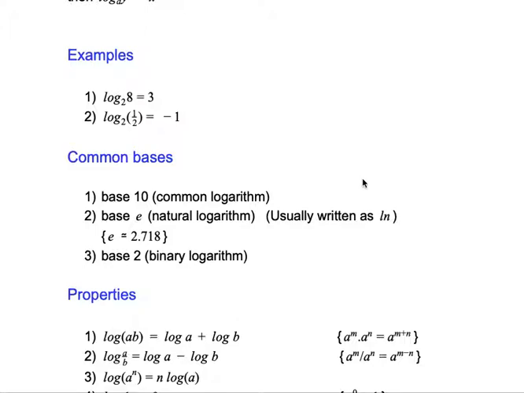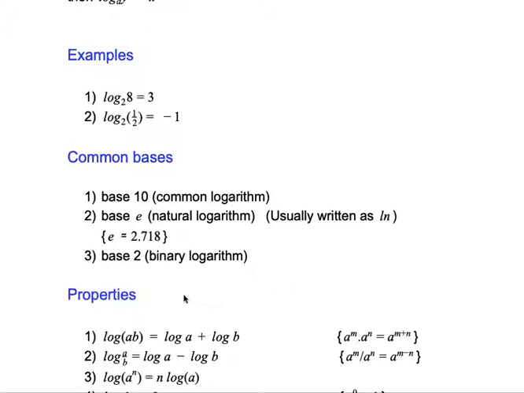E is an irrational number which approximately equals 2.718. That is only an approximate value, and this is called the natural logarithm. This is more suited for scientific calculations whenever we work with things like integration and differentiation. We will usually be involving logarithm to the base e.